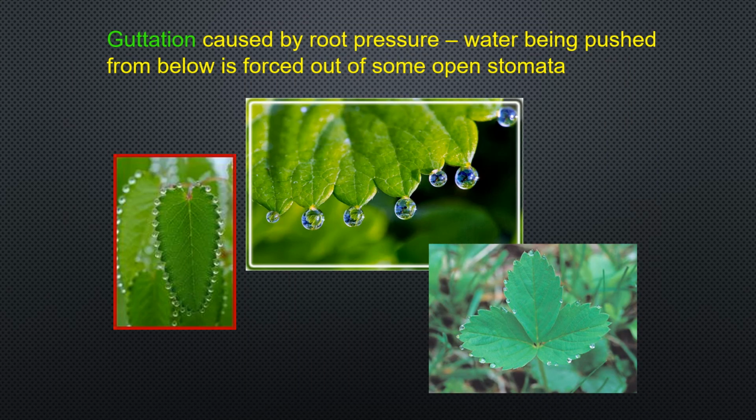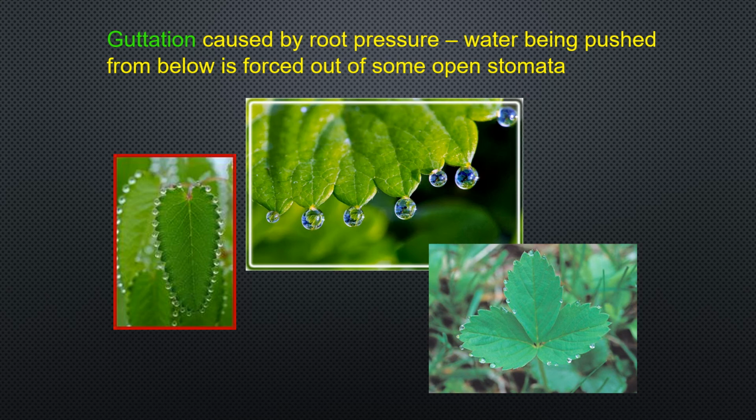At the very top of the plants, then, we have this really cool phenomenon called guttation, and that's caused by the root pressure. Because the water is coming in, it's like it's being pushed through the plant. So sometimes, particularly in the morning, if you'll remember, our stomata are generally closed at night because of the lack of blue light.